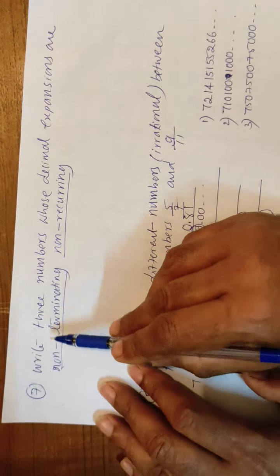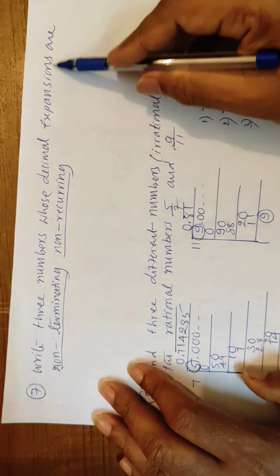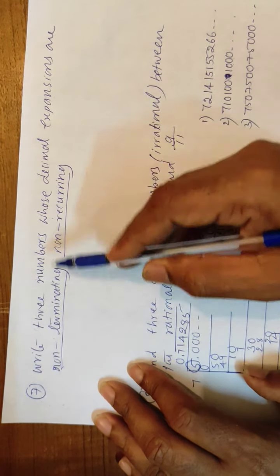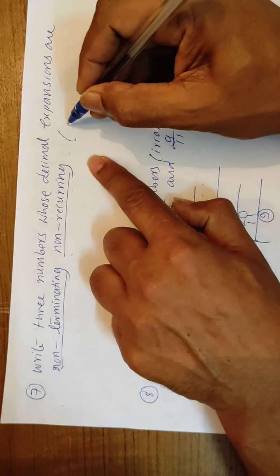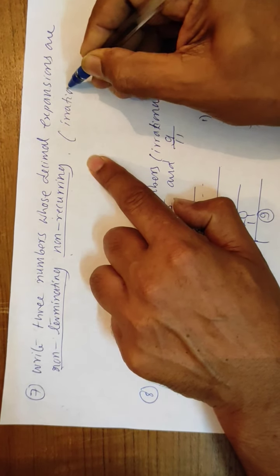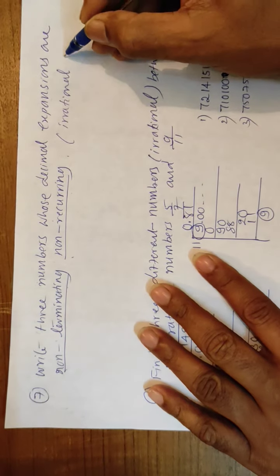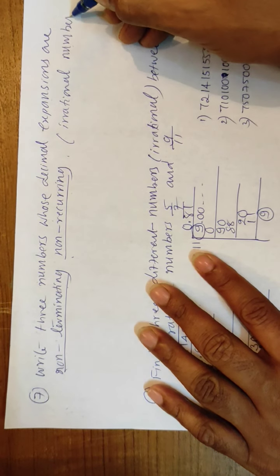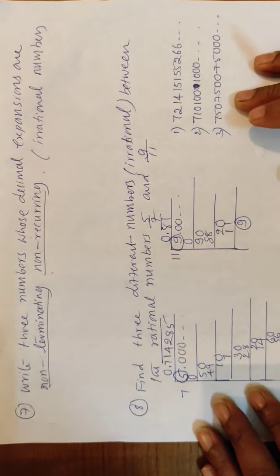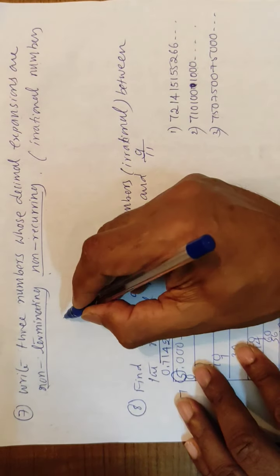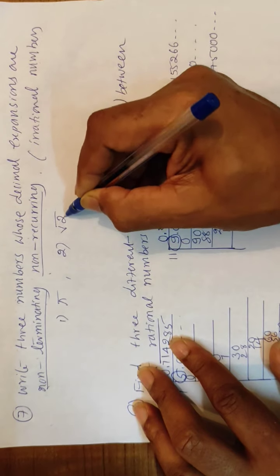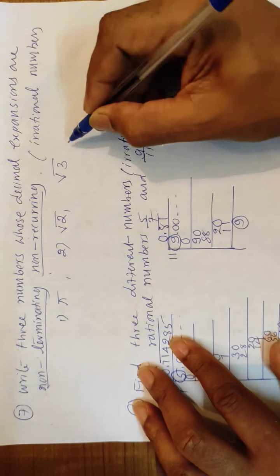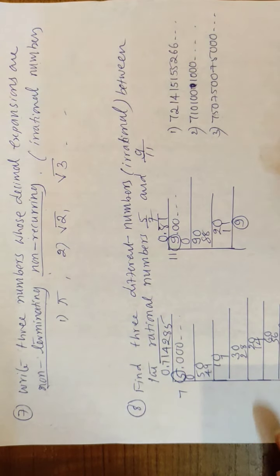You are asked to write 3 numbers whose decimal expansions are non-terminating, non-recurring. Non-terminating, non-recurring means irrational numbers. So irrational numbers we can write pi, root 2, root 3, such numbers you can write, that's all.